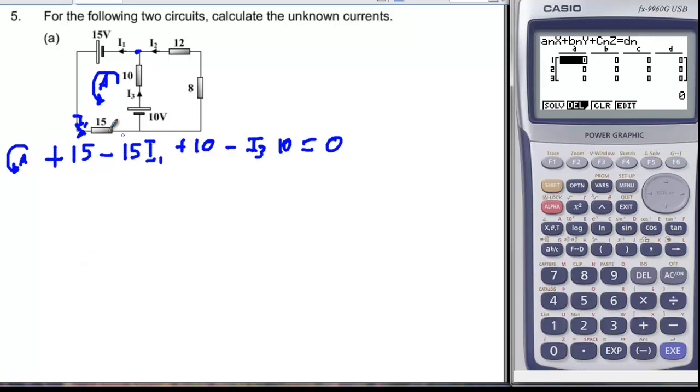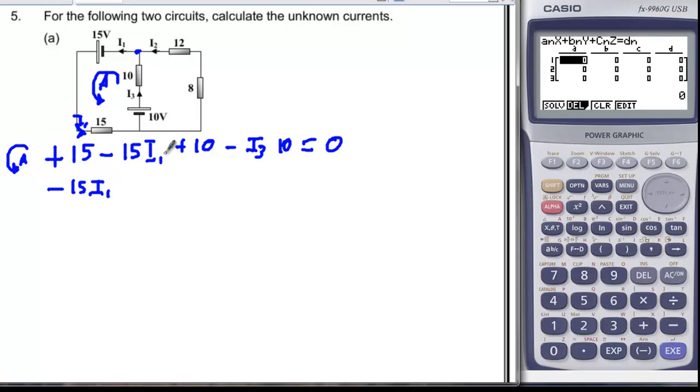So what we want to do is rearrange this equation so it can fit nicely into this. Okay, so we've got I1, so we're going to have minus 15 I1, and then is there any I2s? No, but we need to leave it in there, so it's 0 I2. Any I3s?